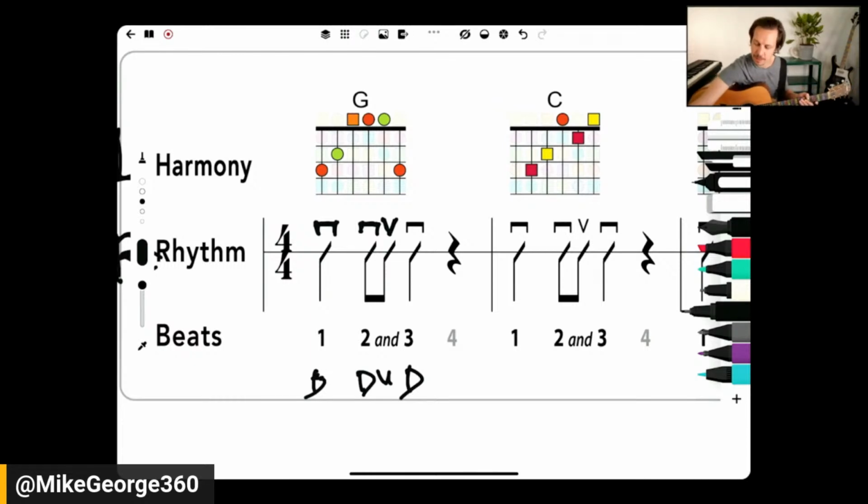So it's down, down, up, down. So it's 1, 2, and 3, rest. 1, 2, and 3, rest. So just getting a feel for your right hand.